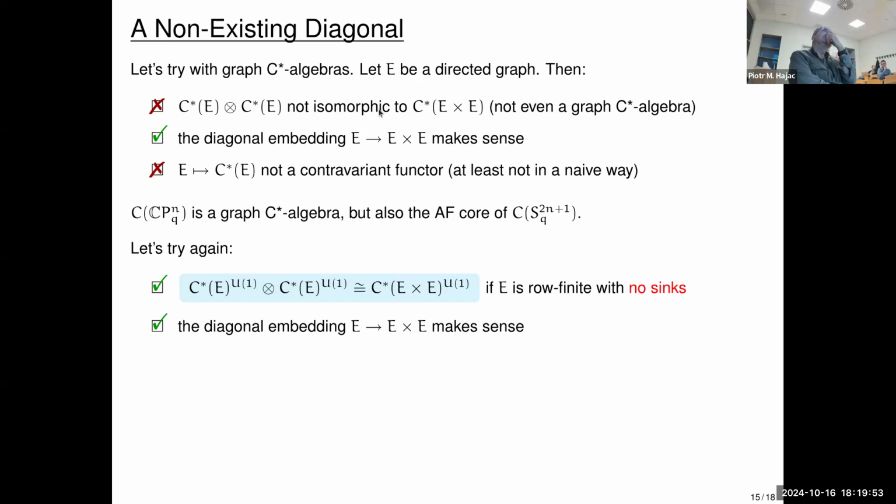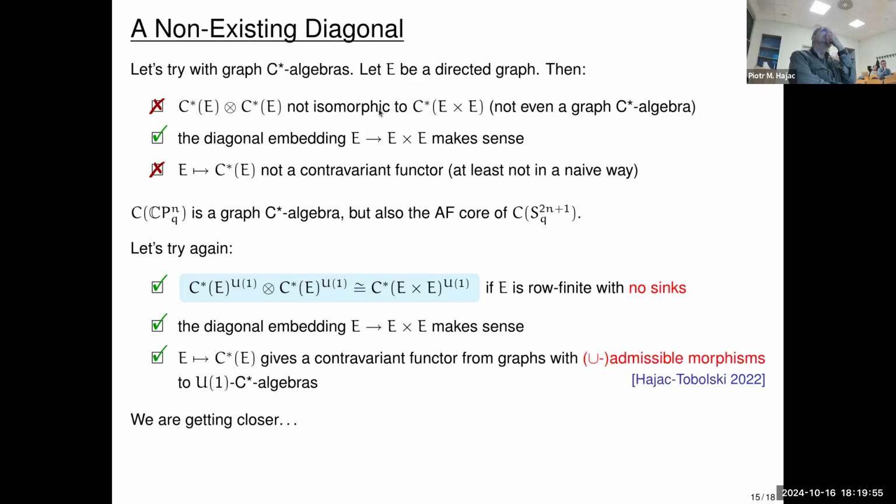The second, you still have the diagonal embedding. And three, you get a contravariant functor if you restrict to admissible or cap admissible maps. Here the diagonal embedding is injective, so I can use admissible or cap admissible. I can remind the audience that cap admissible, which is easy to define, just means that if you take the vertices in the image of the map and look at the ones not in the image, this is a hereditary saturated subset.